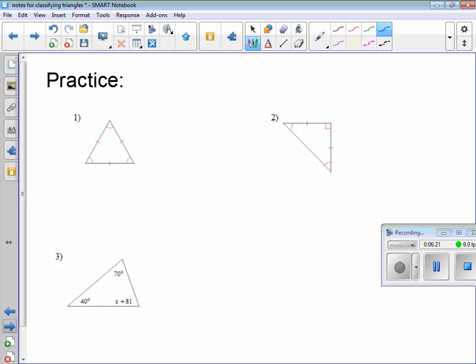So for triangle number 1, you'll notice by the markings all the sides are equal and all the angles are equal. So when all of your sides are equal, it's equilateral. And when all of your angles are equal, it is equiangular.